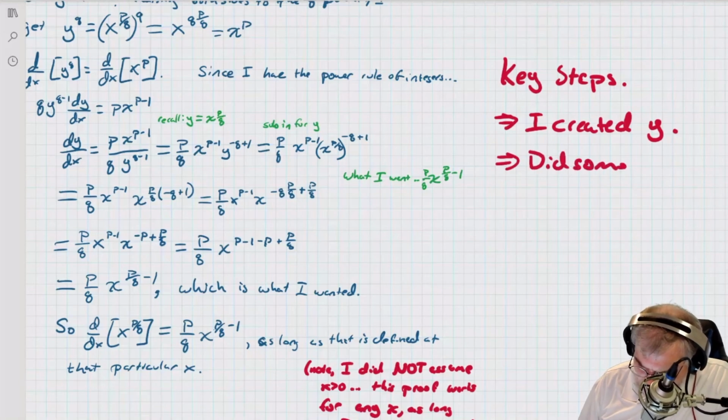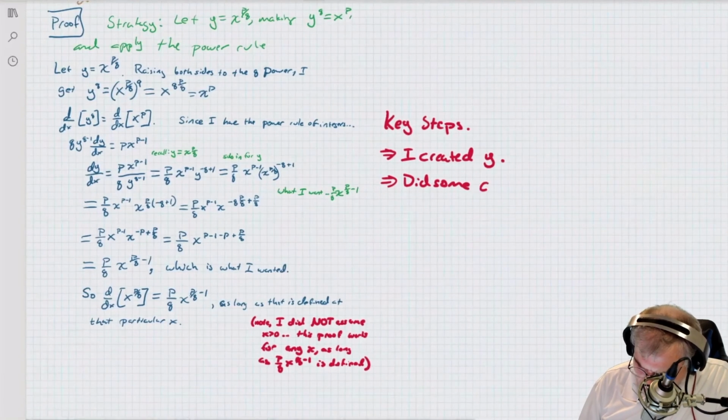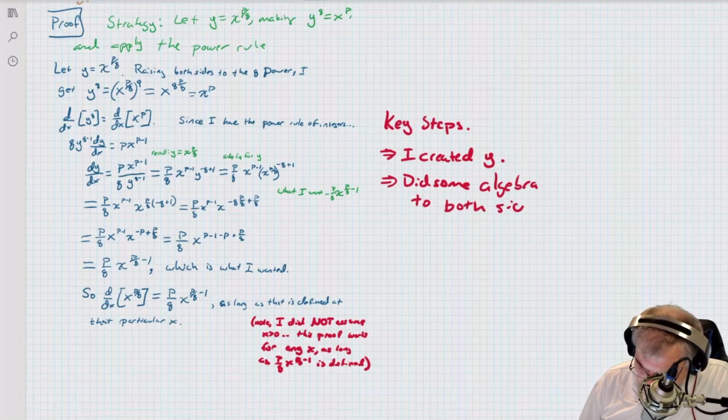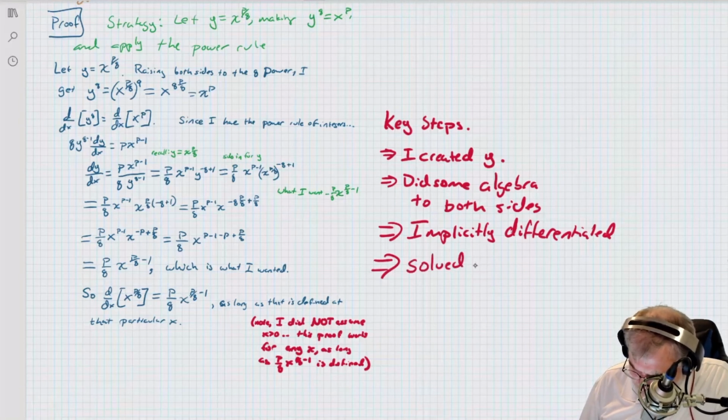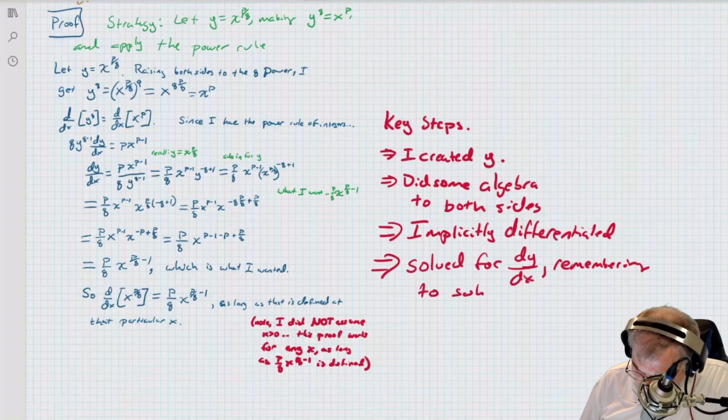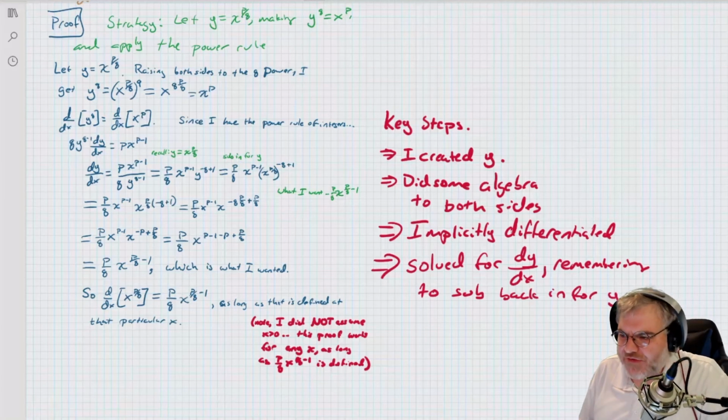Did some algebra to both sides, implicitly differentiated, and after I implicitly differentiated, I solved for dy over dx, remembering to sub back in for y. Because I created y, I have to sub him back in.